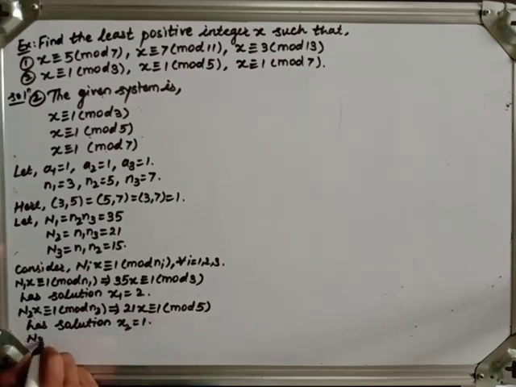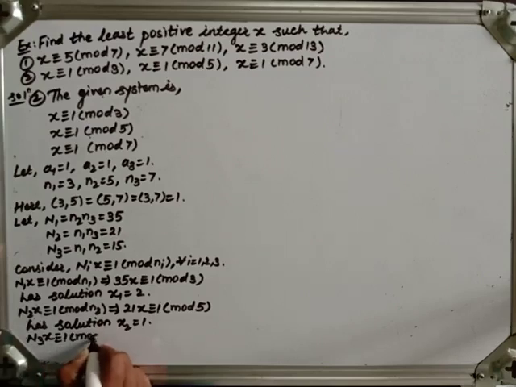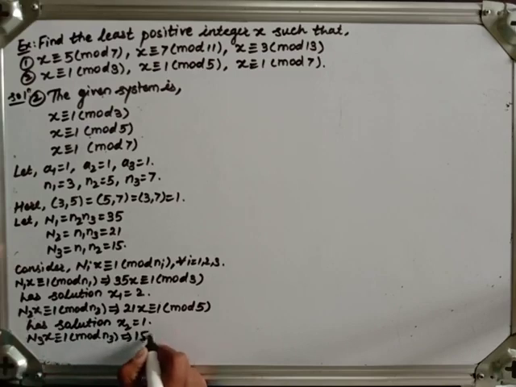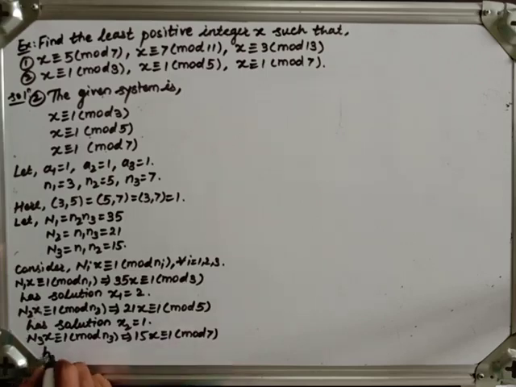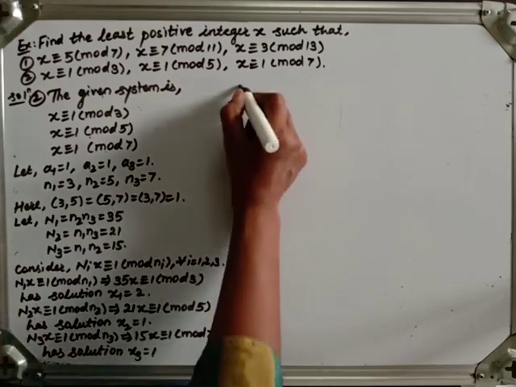And N3 x congruent to 1 modulo n3 gives us 15x congruent to 1 modulo 7. It also has a solution, x3 equal to 1.